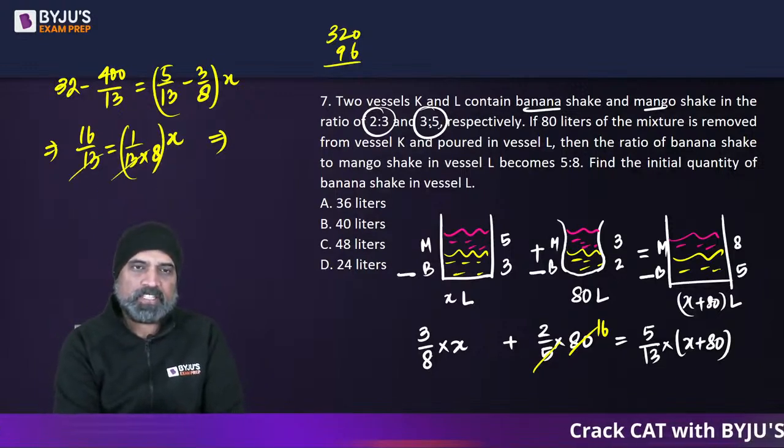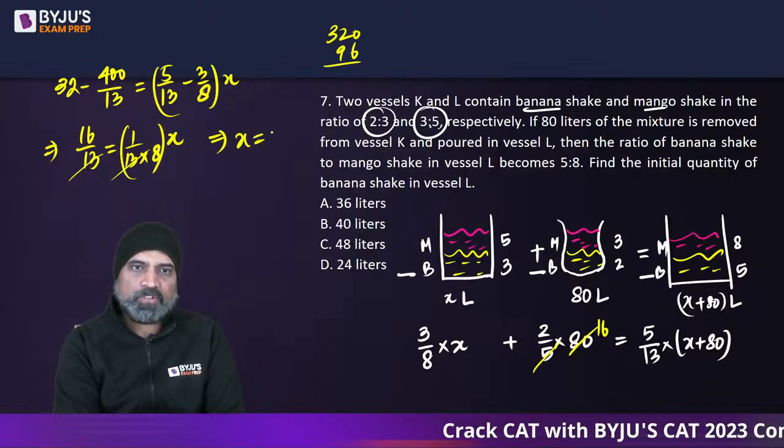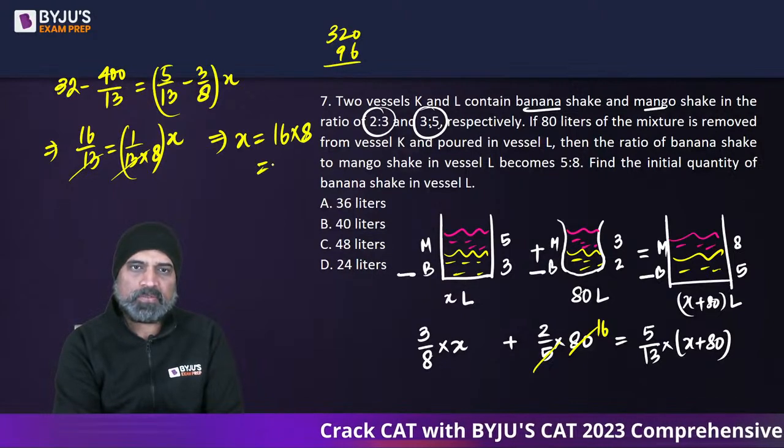Thirteen, of course, gets cancelled. X turns out to be 16 into 8, which is 128.